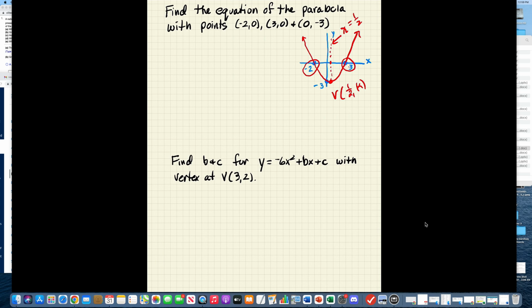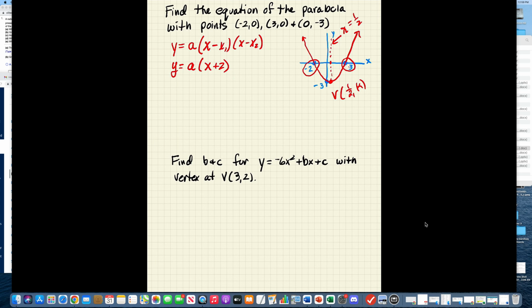So what my equation will look like is y equals our a value, times, instead of x squared plus bx plus c, in factored form we're going to have x minus x sub 1 for the first x-intercept, and times the binomial x minus x sub 2 for the second x-intercept. So right now I have a times x minus -2, so minus -2 makes that plus 2.